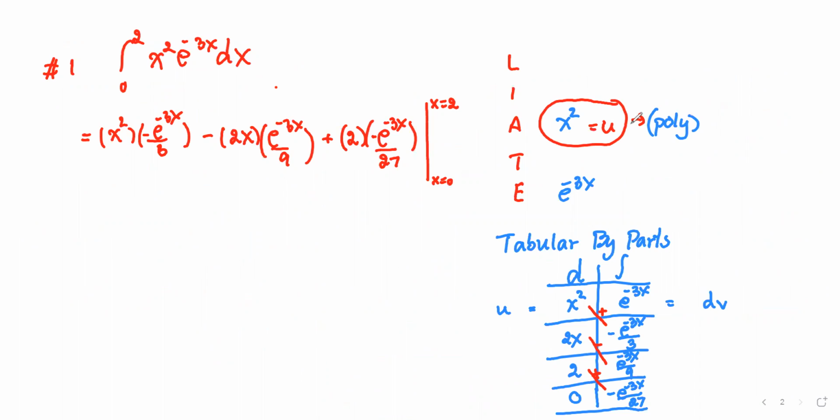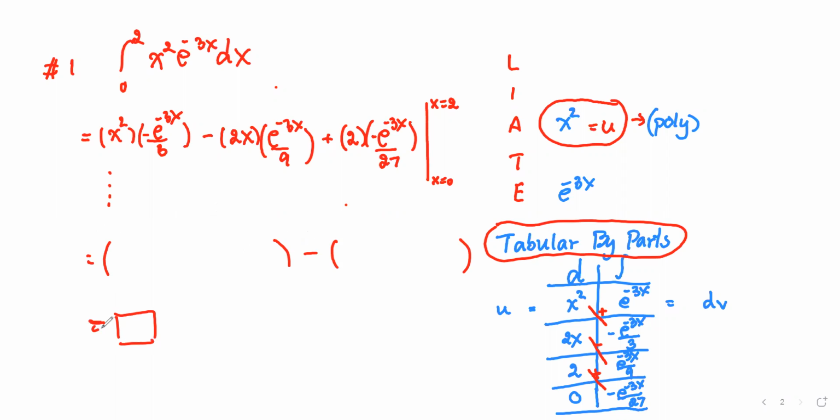When you find the derivative, it's going to end up with a 0 eventually. So that's why the tabular bypass is very convenient and handy to use when you have to deal with this type of bypass problem. Okay, so after that, you just simplify and replace the value with the positive 2, and subtract it by replacing the value with a 0, and get the answer out as the final answer.